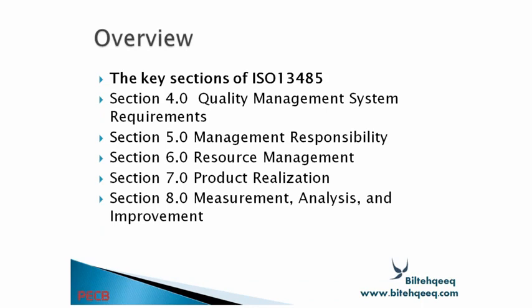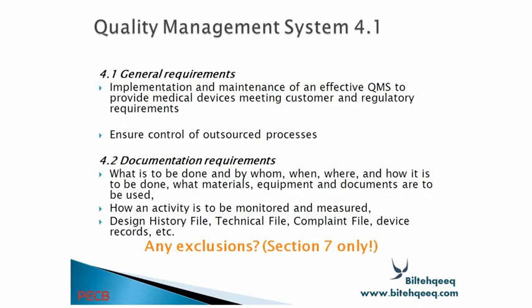Overview, the key section of ISO 13485, section 4, quality management system requirements. Section 5 covers management responsibility. Section 6 talks about resource management. Section 7 describes product realization. Section 8, measurement, analysis and improvement. Now we will review these sections in detail.